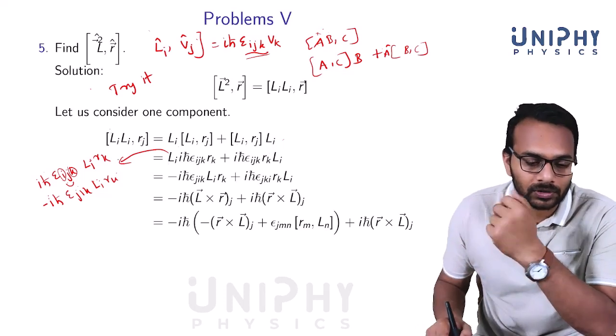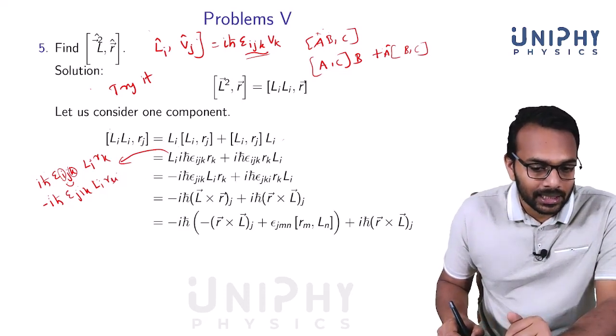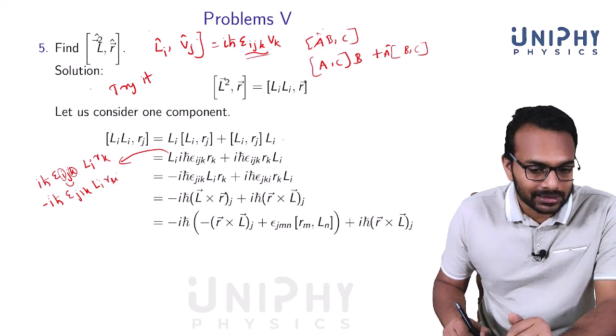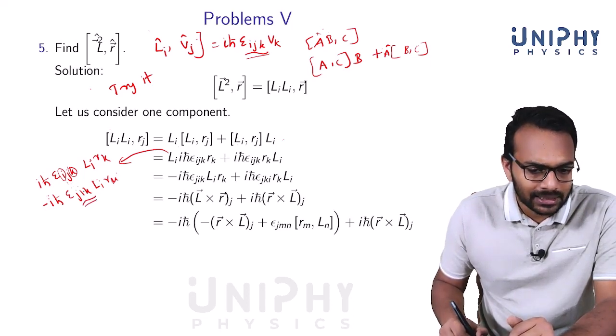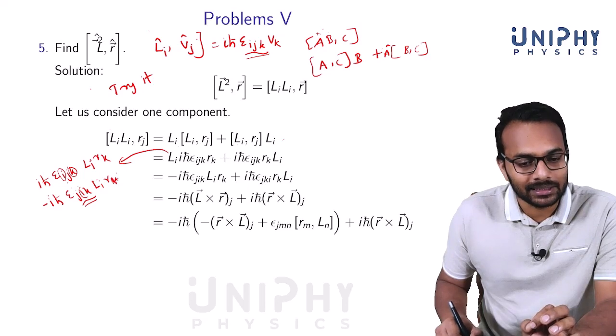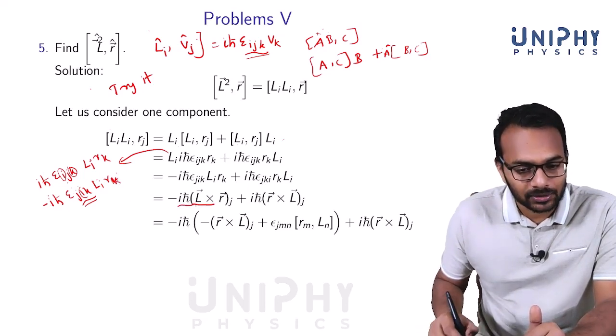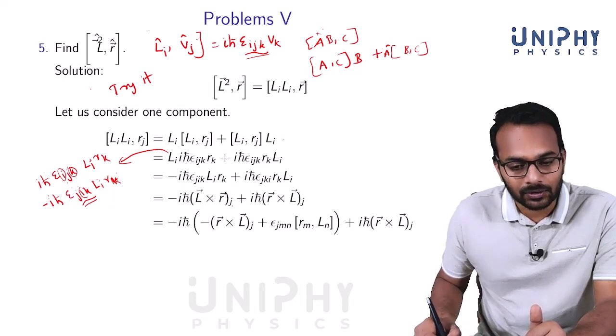We don't want to miss that term. Why is there a minus? Because I chose to interchange these two indices. Now what is this? We clearly see that this is the jth component of a vector L cross R. That's what I have written here. This minus iħ remains, minus iħ (L cross R) jth component.